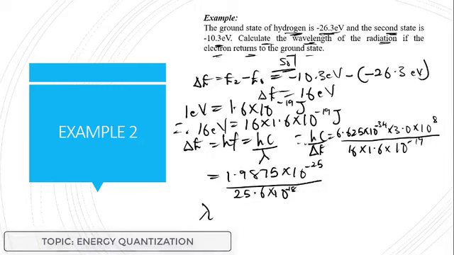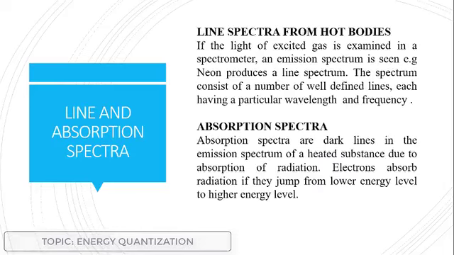If you calculate everything together, our wavelength is going to become 7.76 times 10 raised to the power minus 7 meters. And that's it for this question 2.